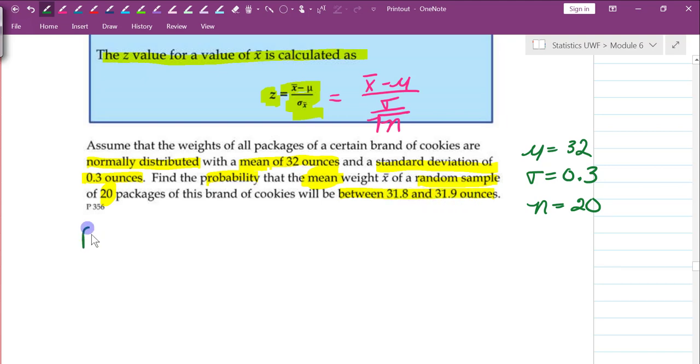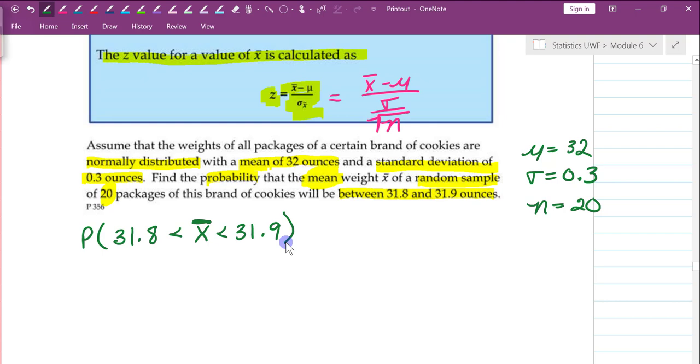So I'm randomly selecting 20 packages, and I'm going to calculate the average weight of those 20 packages. I want to know the probability that that average weight is between 31.8 and 31.9, so 31.8 is less than x bar, not just x, but x bar, which is less than 31.9. That is the question being asked.